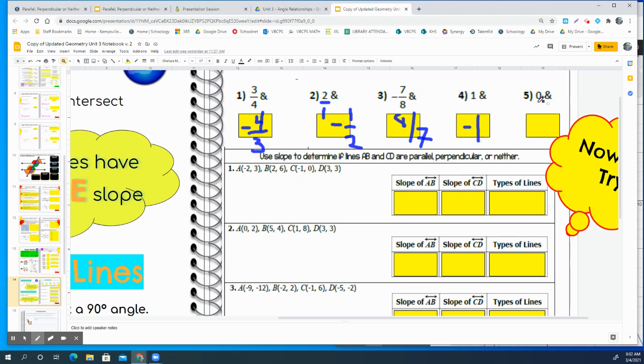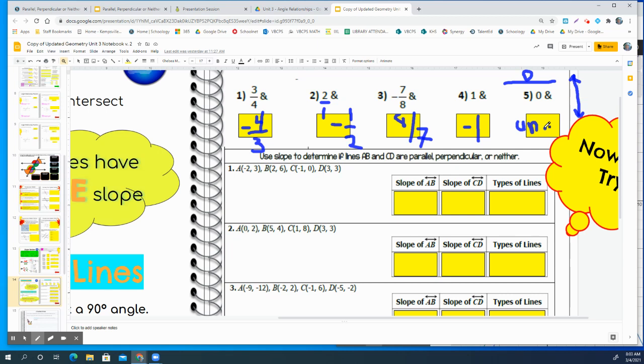What about a zero slope? So remember, zero slope is the horizontal line where it will sit on top of it. What's perpendicular to a zero slope? Undefined slope. Okay, that's the tricky one. Zero slope and undefined is not a number, right? Because you can't have a zero in the denominator.